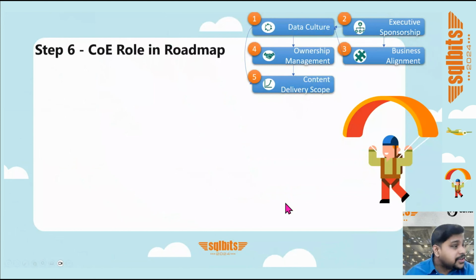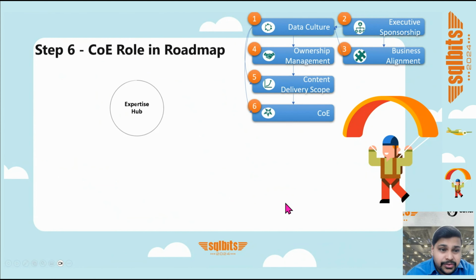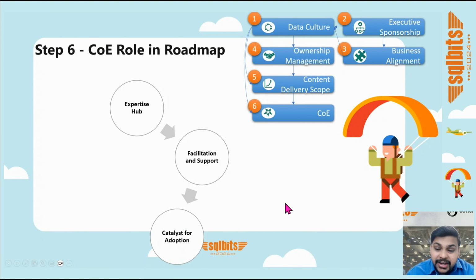Now, step 6 is COE roles in the roadmap. Now, there are various roles or roadmap that COE can take, starting with the expertise hub. This is where Fabric Center of Excellence acts as a centralized hub for all your technical and business needs, facilitation and support, helping people to facilitate their needs, their problems, right?